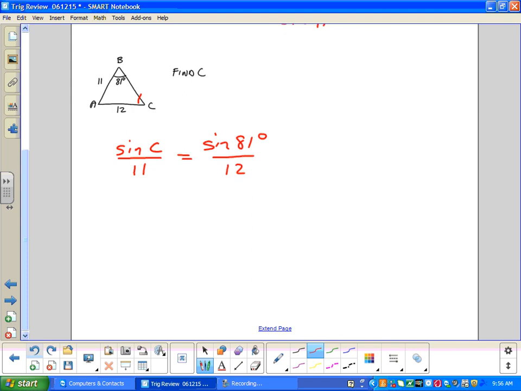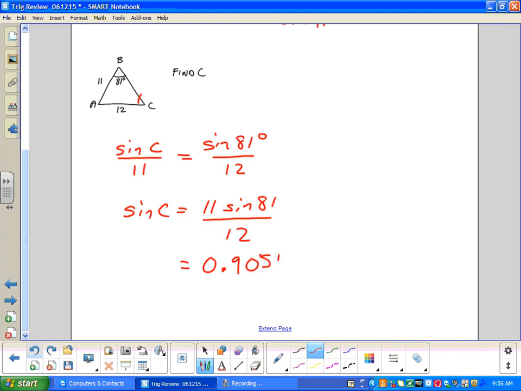I see that I can solve for sine C by multiplying both sides by 11. I'm going to take a second because a lot of times students get confused right here. If you just haven't done the practice or you get in a hurry, realize what I'm getting here. 11 times sine 81 divided by 12 is a decimal, 0.9, and it better be because this is sine. It has to be between negative 1 and 1.